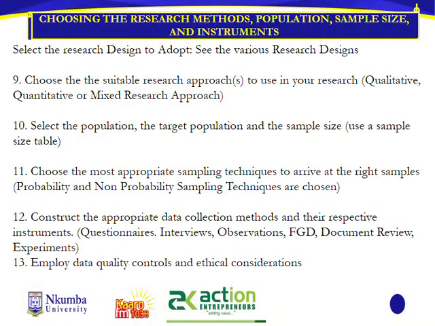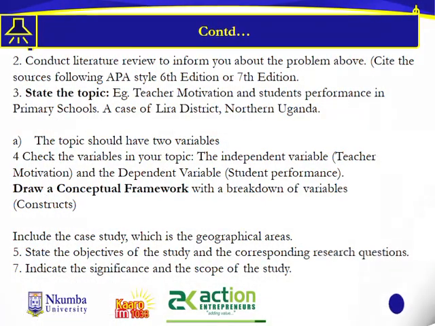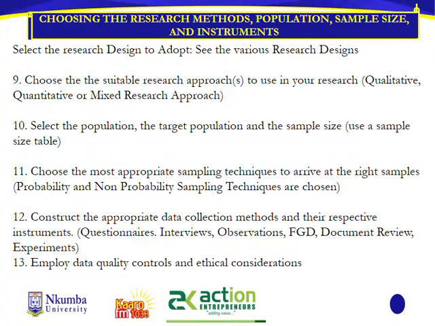The other step is now, you can select the design to adopt, but at this stage the summary of what we are looking at here is choosing the study population.